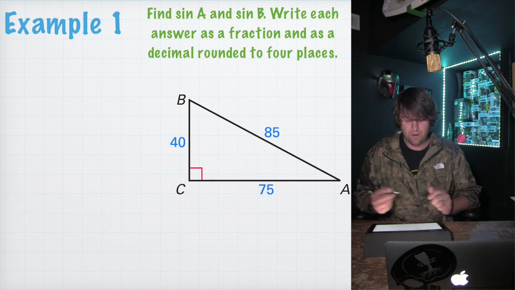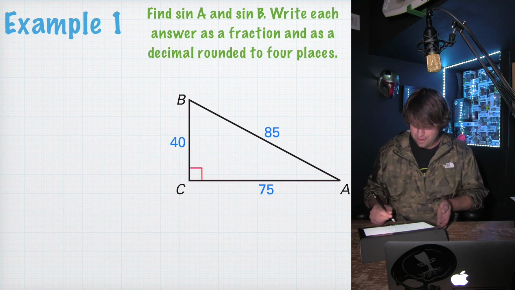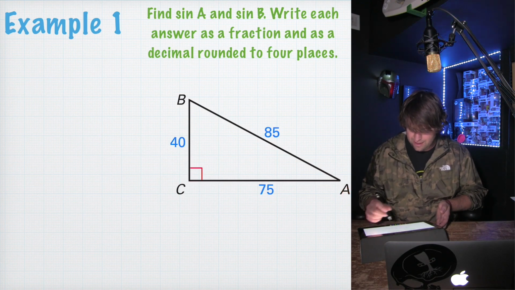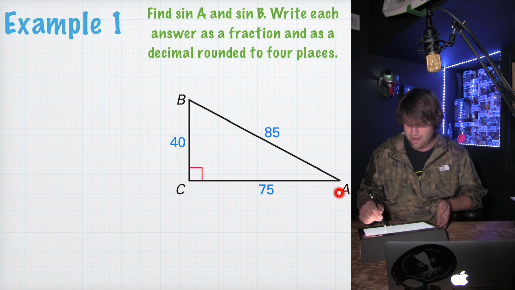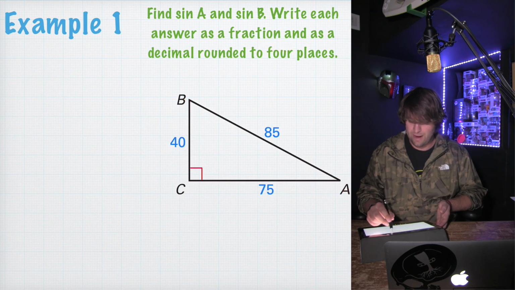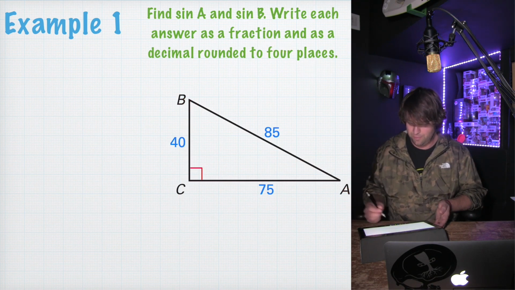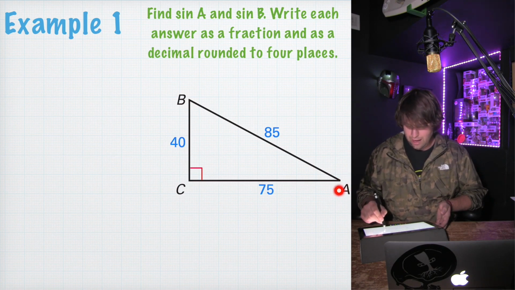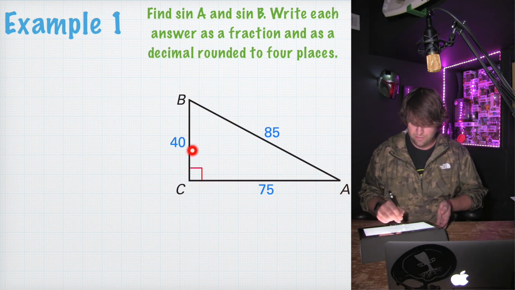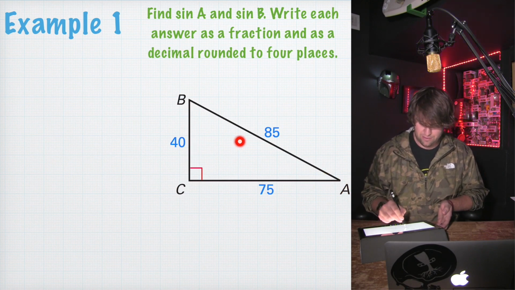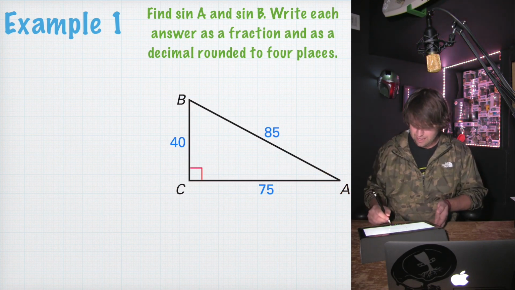So here we go, example 1. Find sine of A and sine of B. Let's start with sine of A. They want us to write the answer as a fraction and as a decimal rounded to 4 places. So sine, opposite over hypotenuse, is 40, because opposite of A is 40, over the hypotenuse, which is 85.